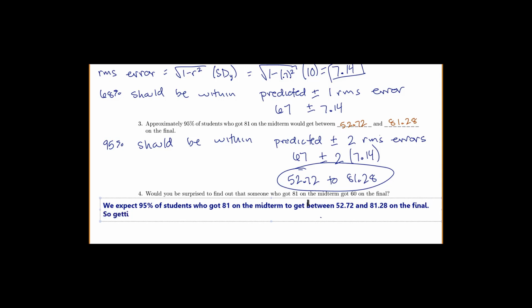So getting 60 on the final is not surprising because, again, it's in that interval. We're expecting students to be within that interval, so as long as you're in the interval, it's not going to be very surprising.